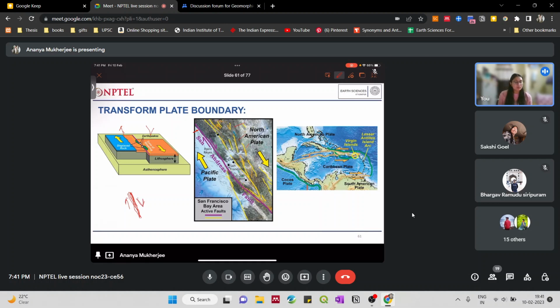Another example of transform plate boundary you can see is between the Caribbean plate and the North American plate. Over here you can see the direction of the plates moving, and this region is a transform plate boundary.